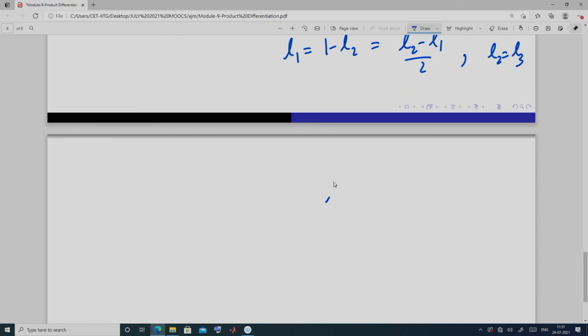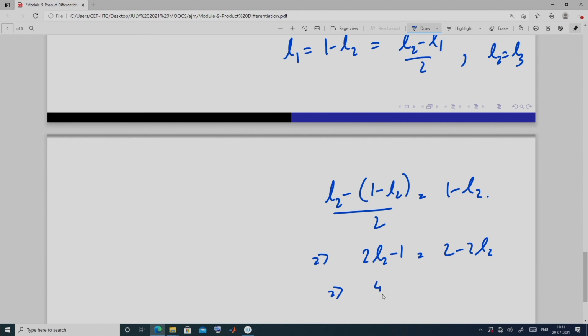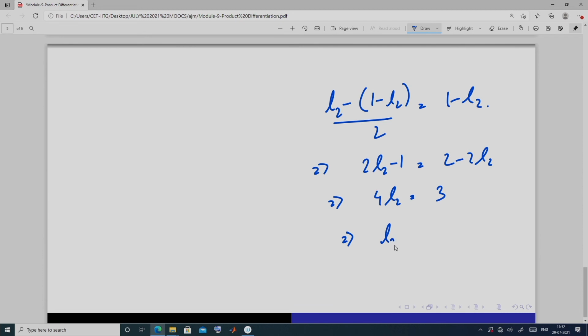We get L2 equal to 3 by 4, and this is equal to L3, and L1 is equal to 1 minus L2.